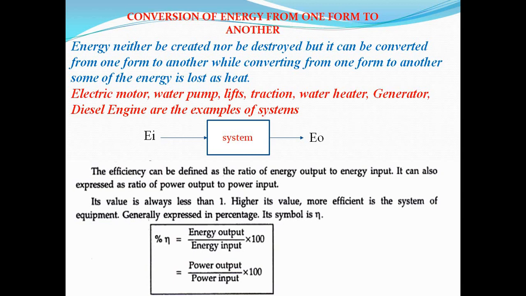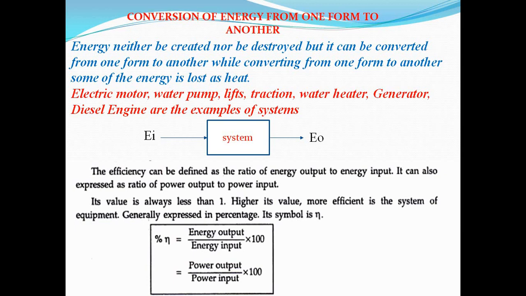Now the conversion of these systems, that is, energy conversions from one form to another. Energy can neither be created nor destroyed, but it can be converted from one form to another. And while converting from one form to another, some of the energy is lost as heat. So here are some examples in which the conversion of energy takes place. Electric motor: in an electric motor, we are giving supply at the input and we are getting some work done at the output.